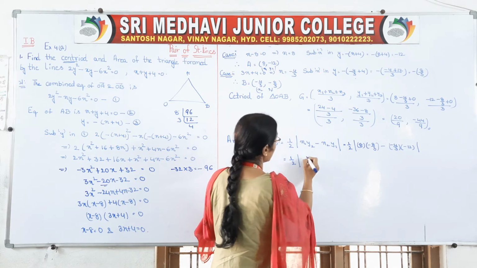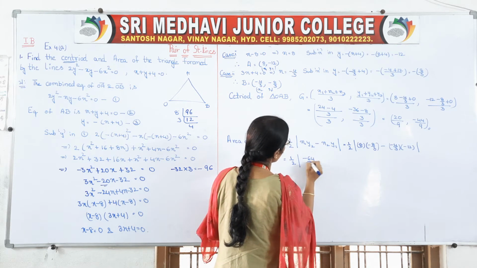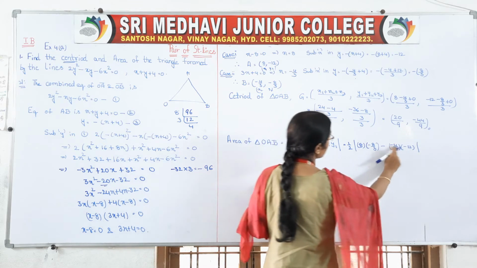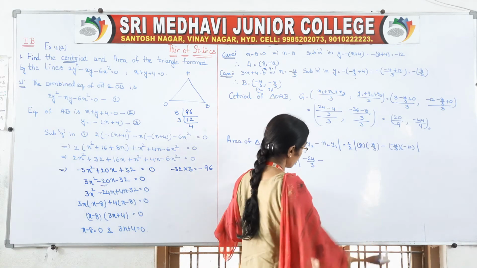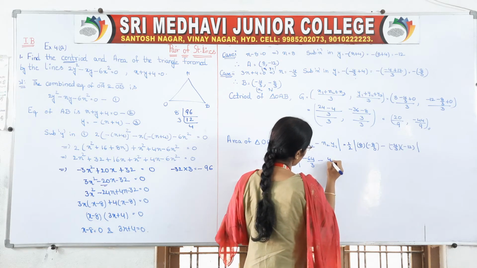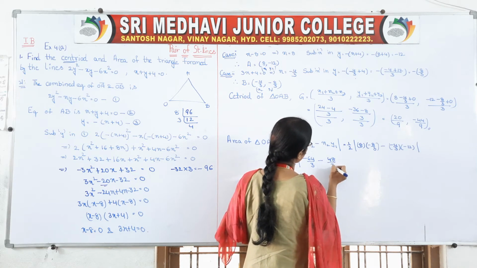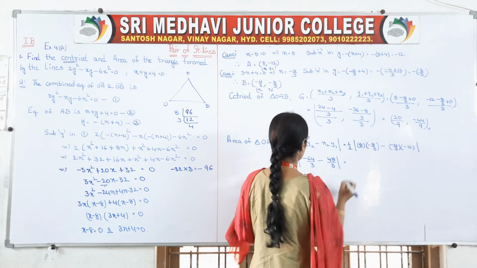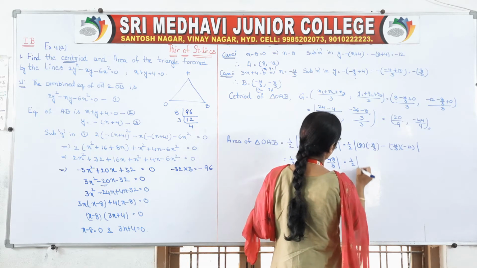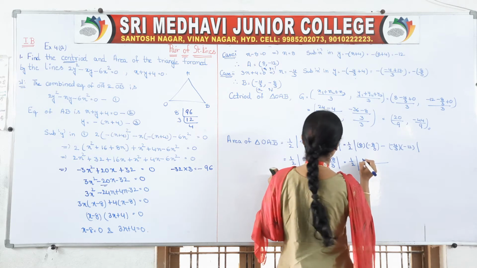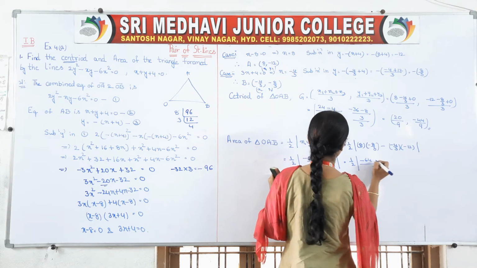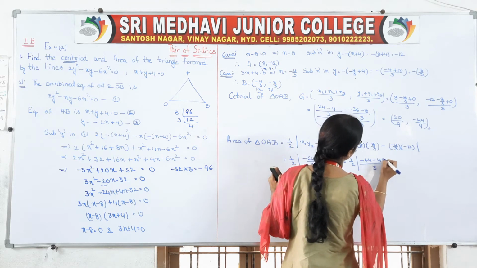1 by 2, 8 8s 64 by 3. Minus into minus is plus, in between minus. Come on, 12 4s 48 by 3. So it is equal to 1 by 2 modulus of, what is the LCM? 3 is the LCM. Minus 64 minus 48.